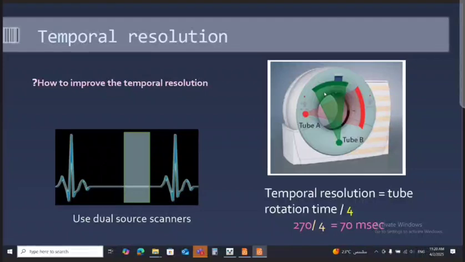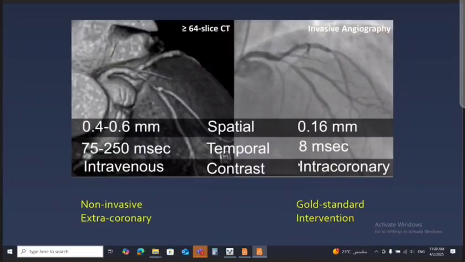And so the time needed for acquisition is the tube rotation time divided by 4, not by 2. And this greatly improves the temporal resolution. And so in scanners with dual source, we can perform examinations at heart rates higher than 70 beats per minute.